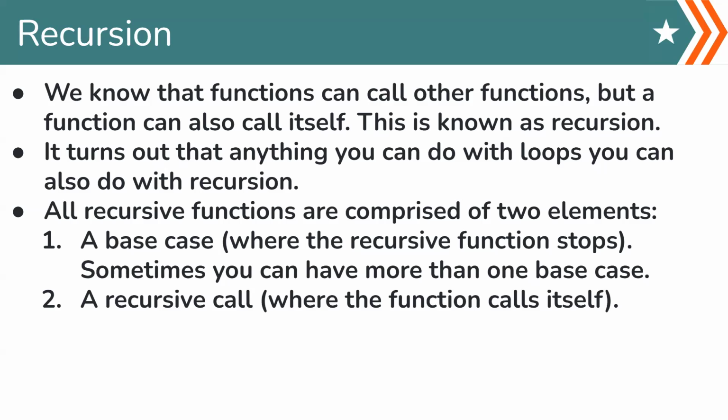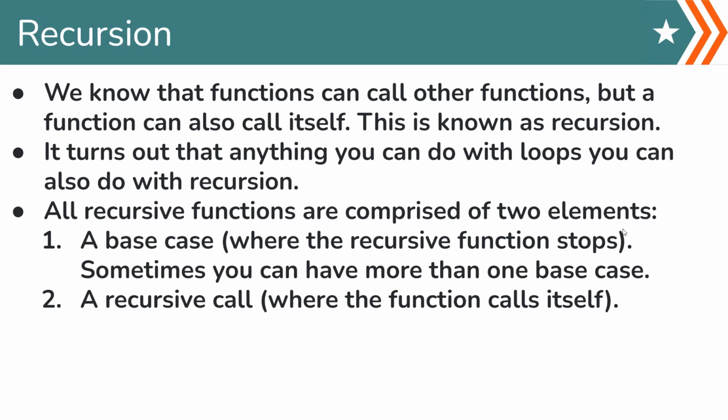There are two constants that you need to know when it comes to recursion. The first one is the base case. The base case is where the recursive function stops, almost like a conditional statement, where you continue running the recursive call until you reach the base case.